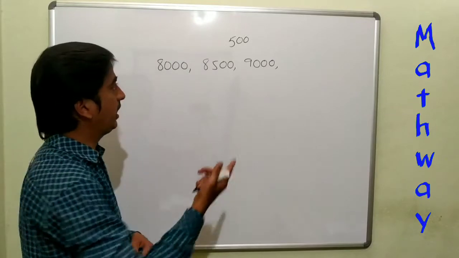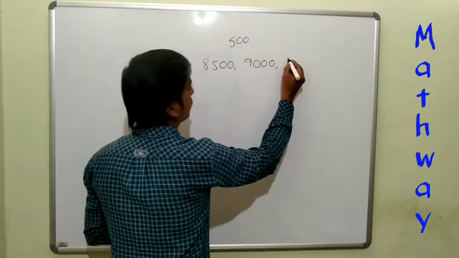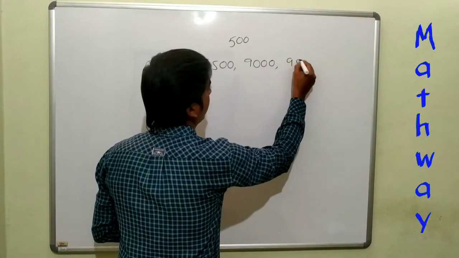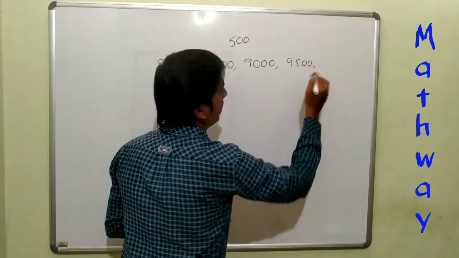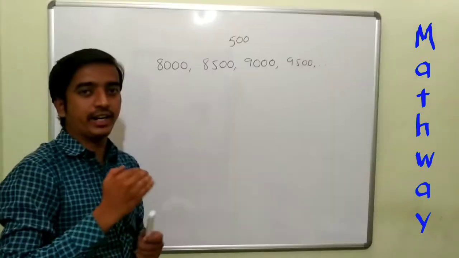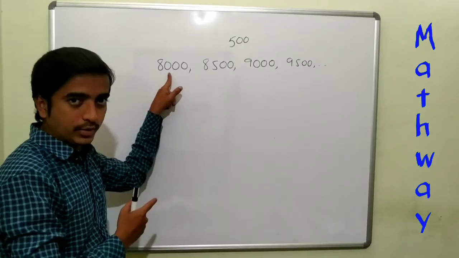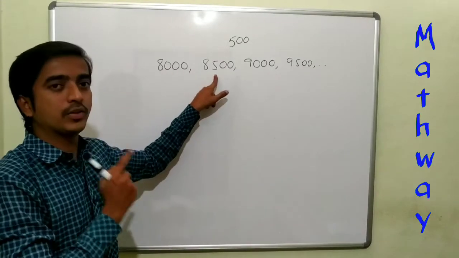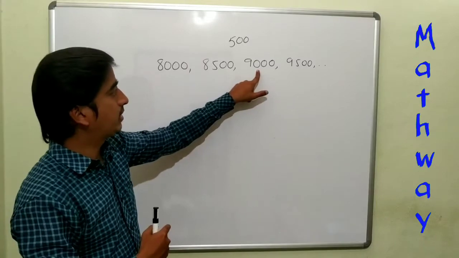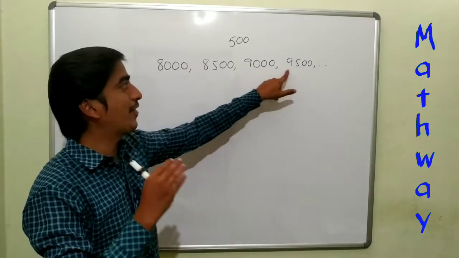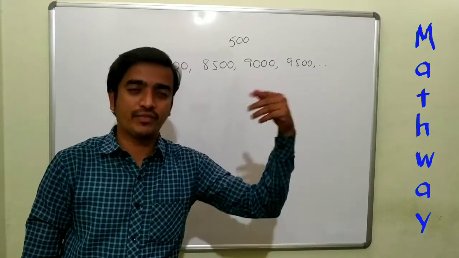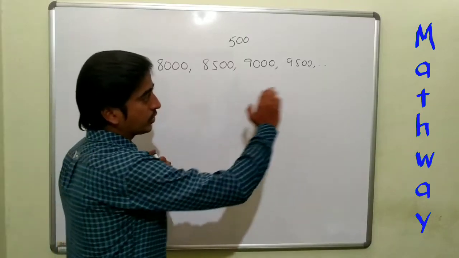For the fourth year 9,000 plus 500, it is 9,500 rupees. In this way for every year the salary increases by 500 rupees. So first year 8,000, second year 8,500, third year 9,000, fourth year 9,500, fifth year 10,000, like this it goes on.